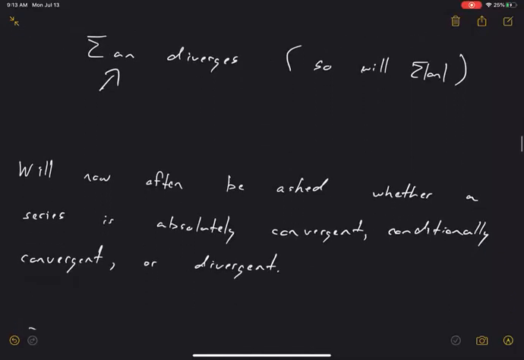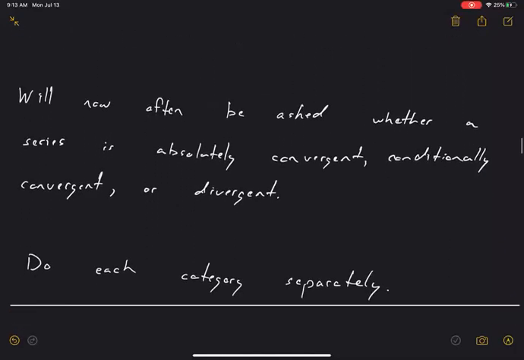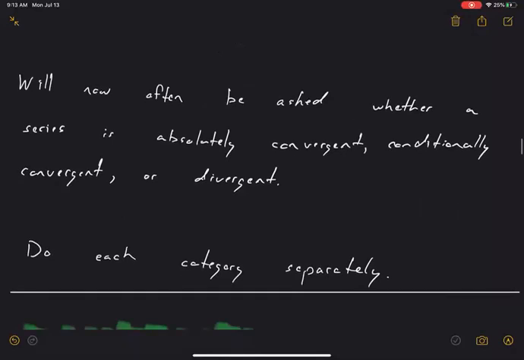So now, typically, we're going to have a series a sub n, and we're going to be asked, is the series absolutely convergent, conditionally convergent, or divergent? Okay.